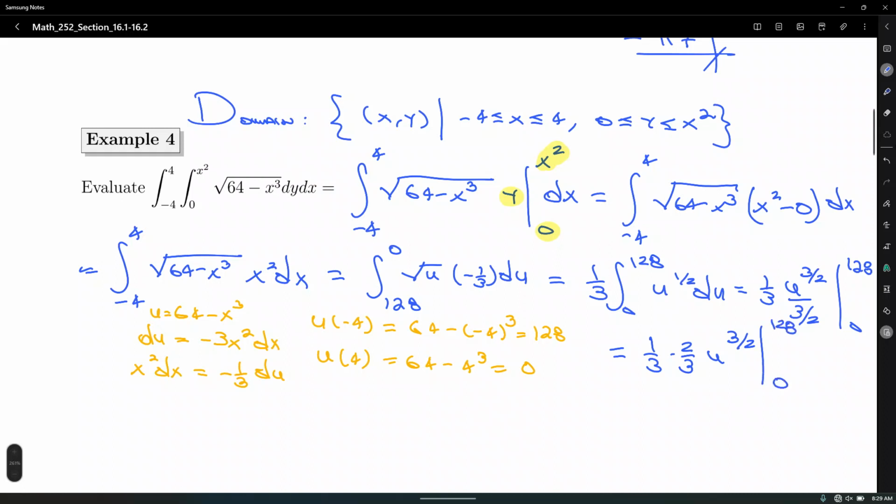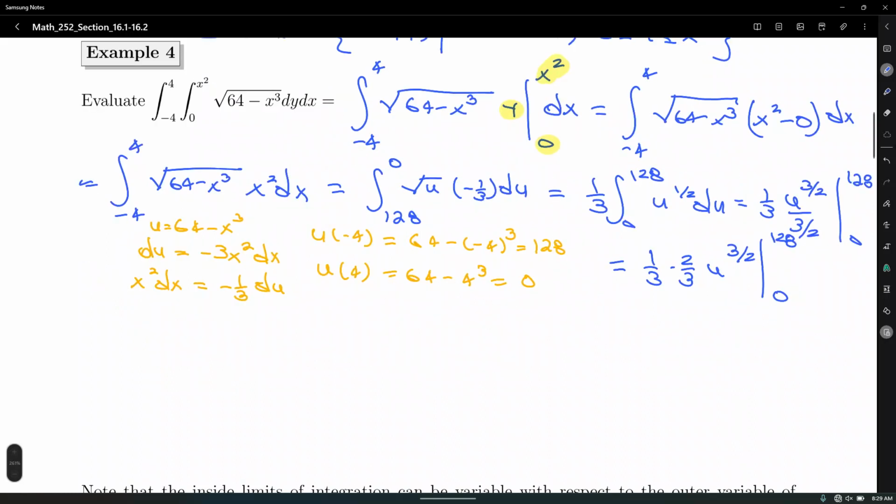So 1/3 times 2/3 u to the 3/2, still from 0 to 128. Let's multiply these coefficients. That'll be 2 ninths u to the 3/2 from 0 to 128. That equals 2 ninths times 128 to the 3/2 minus 0 to the 3/2.